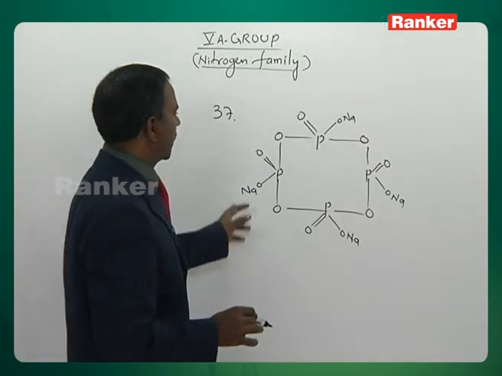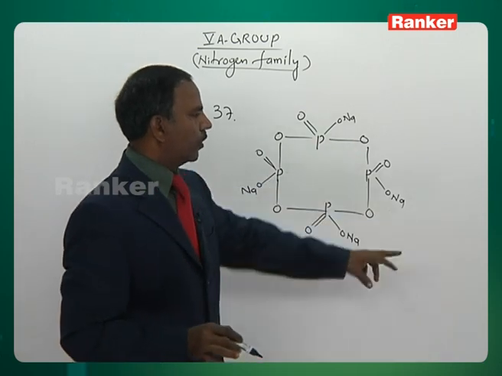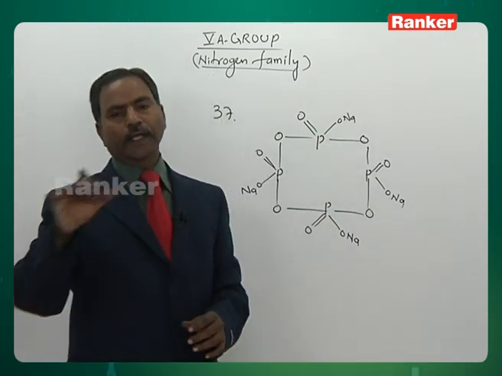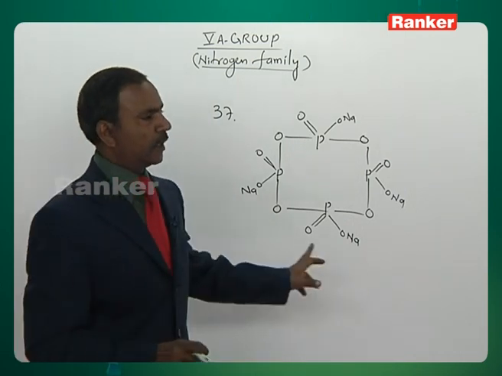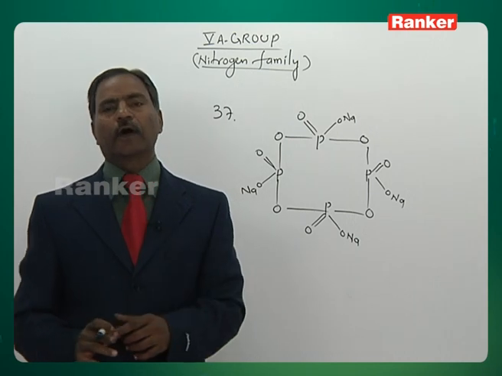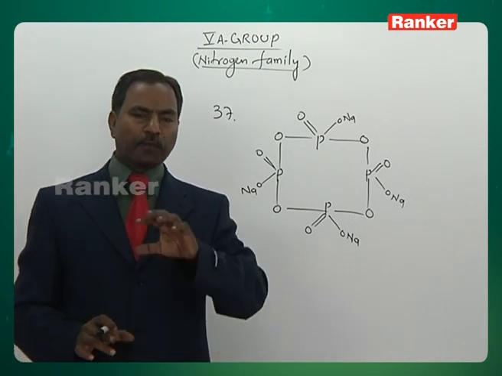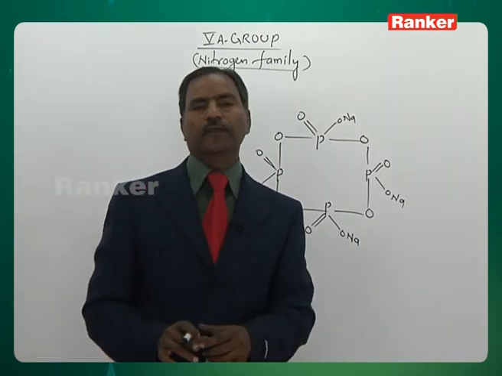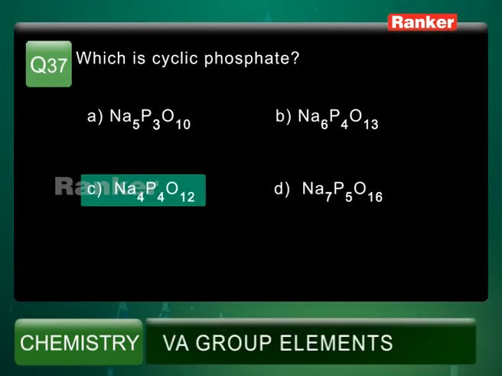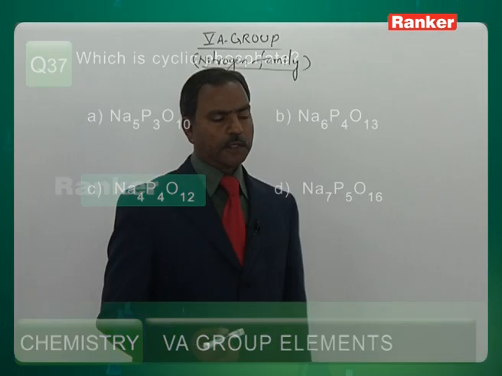So this is Na4, P4 and O12. Therefore, this is a cyclic phosphate, correctly we can write. But in the others, an odd number of sodium atoms are there, and phosphorus and sodium atoms are also not matching in the remaining options. So question number 37, this is the structure, therefore 37 answer is C. Question number 38.